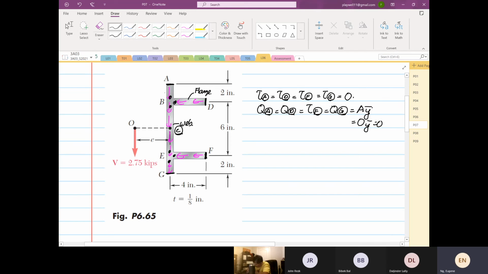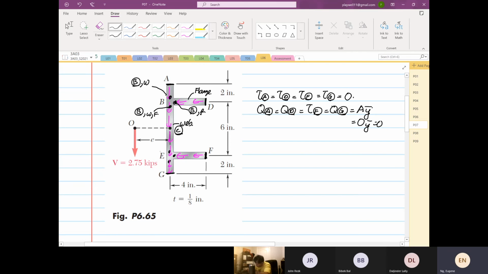This point over here is point B, and I'll call it point B web. Over here will be point B flange. And over here, this point will be point B web and flange.